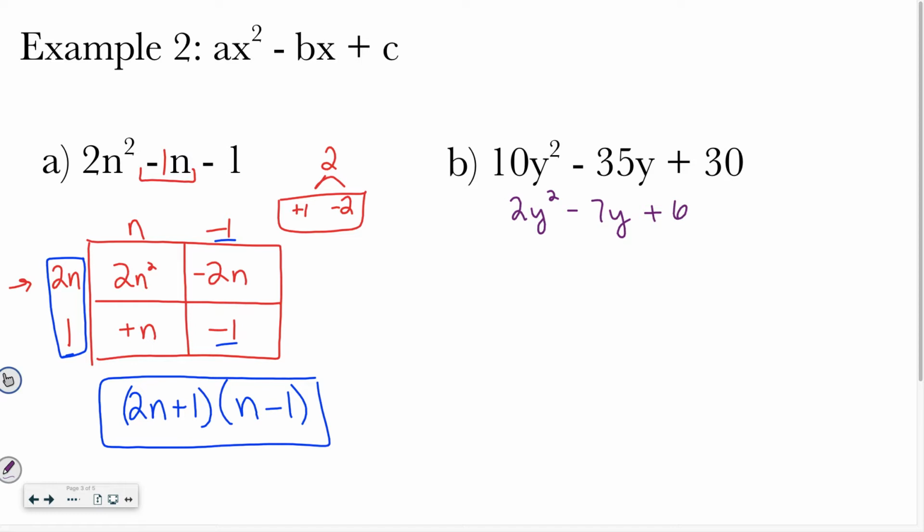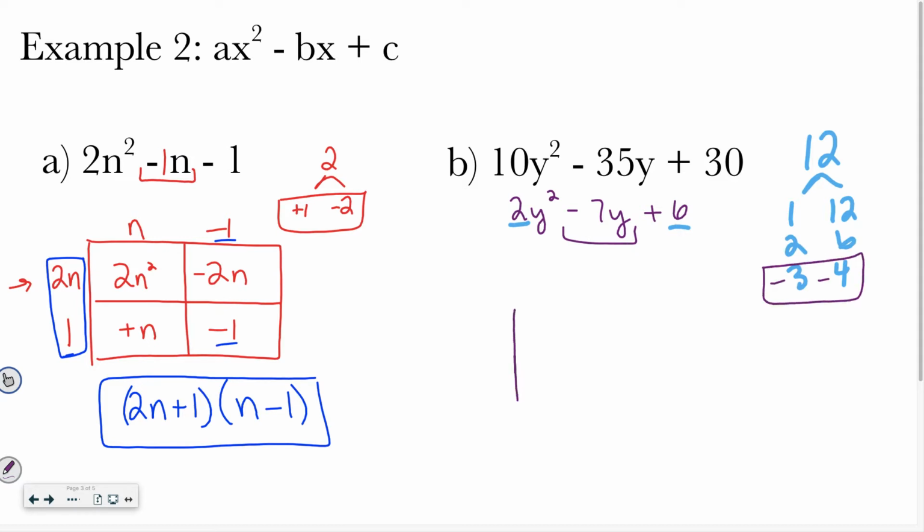All right, so let's walk through this problem and see if you got it correct. So after dividing everything by the greatest common factor, I would say I need the factors of 12. So my factors of 12 are 1 and 12, 2 and 6, 3 and 4. And those factors need to add up to a negative 7. So that means I need a negative 3 and a negative 4.